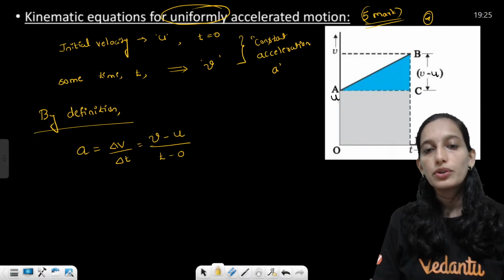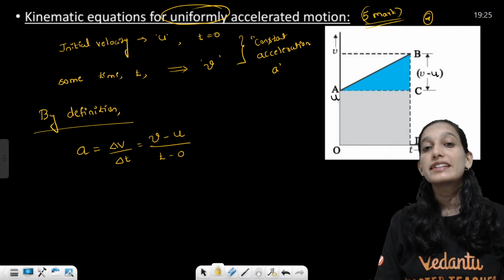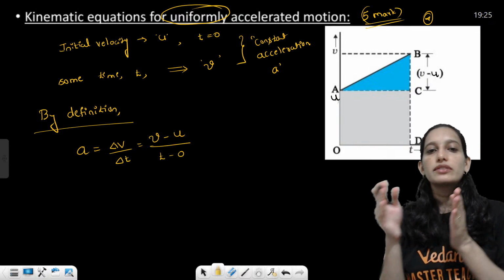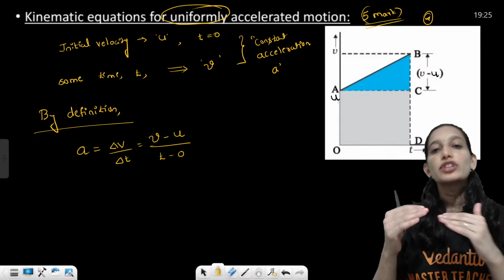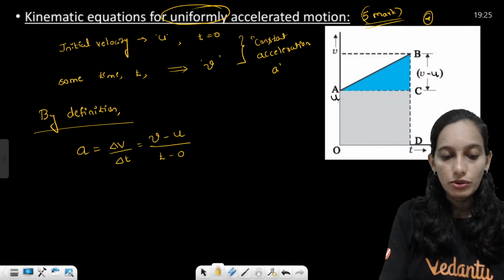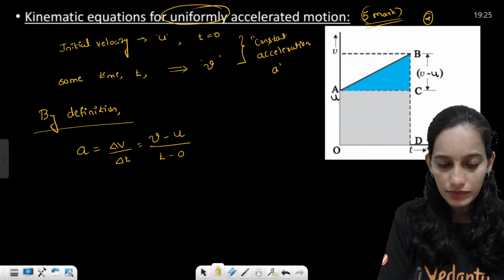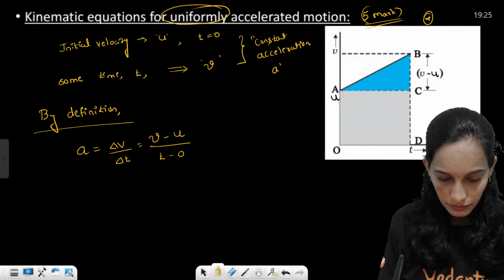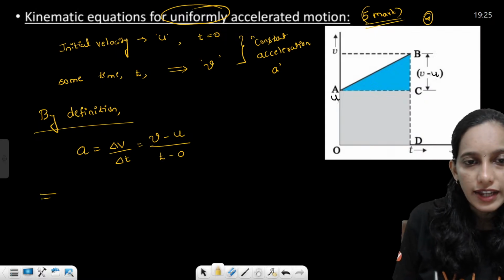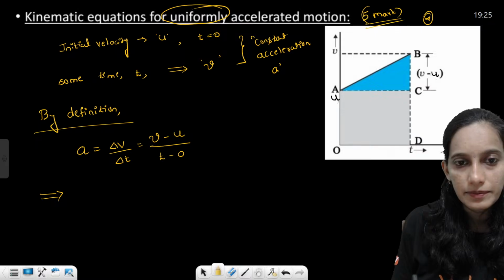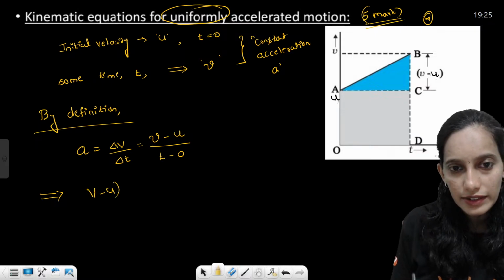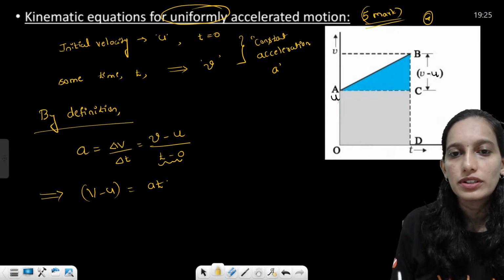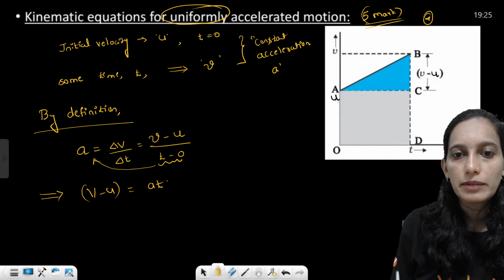So we can write acceleration a equals (v minus u) by (t minus 0). Correct? Final velocity minus initial velocity gives the change in velocity over the corresponding time interval, t minus 0. Hope you are following, everyone. So one response in the chat box please. This can be rewritten as v minus u equals a into t, because t minus 0 is t itself, and cross multiplying gives a into t.